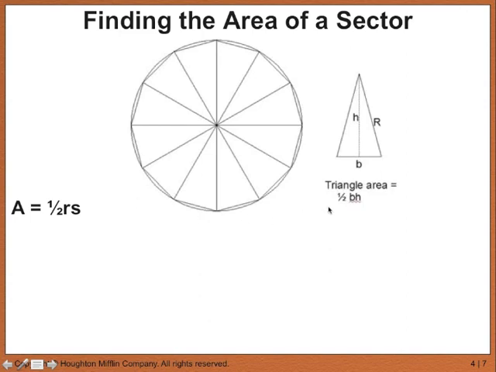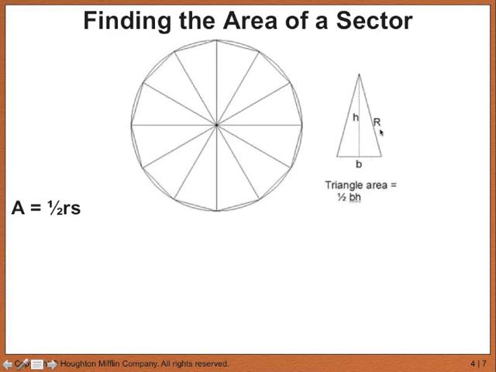Okay, to explain that, let's recall that a triangle, and I'm circling that portion now with the mouse arrow, has an area of 1/2 base times height. That'll give me the area of this isosceles triangle.